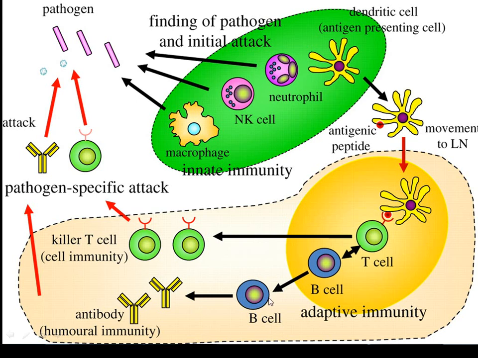B cells, when activated, become effector cells, plasma cells, and begin to produce antibodies. Antibodies will be produced into the blood or lymph circulation or intercellular fluid. That's why this immunity is called humoral immunity. So adaptive immunity has two types, cellular immunity and humoral immunity, and they will attack this pathogen.